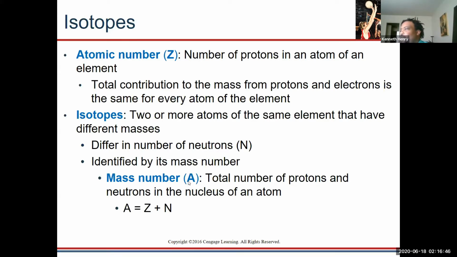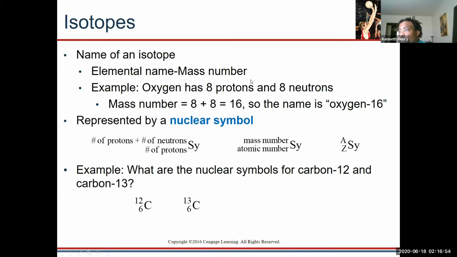Very rare you'll see them, but usually that's the symbol they'll use. Another way of writing your isotopes is you have your symbol, you have your mass number, and then you have the atomic number written down here at the bottom. So that's another way that you may see it written. And then, as I told you, you'll also see it written like this.